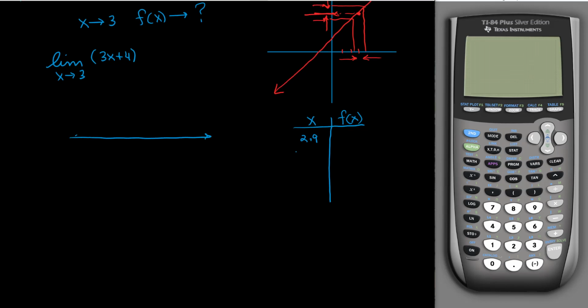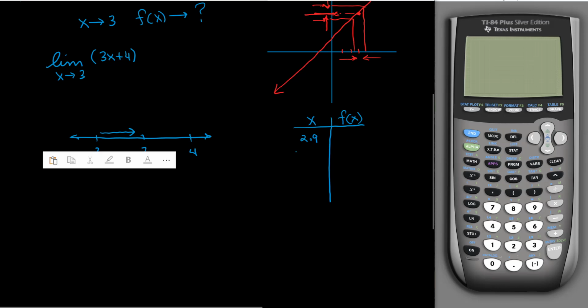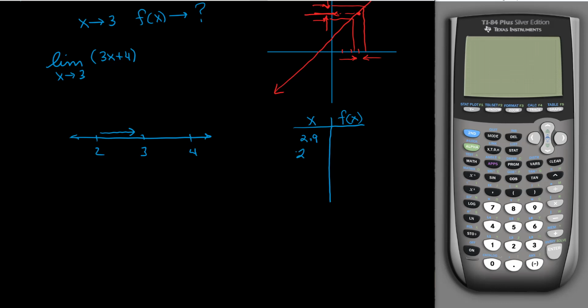So if you think about being on a number line and here is 3, here's 2, and here's 4, from the left, as we move closer and closer to 3, we're going to have values of 2.9, 2.99, and values like that.